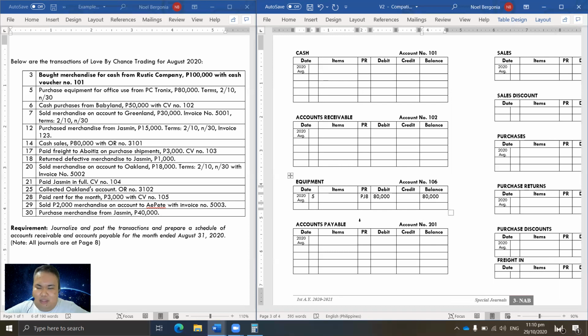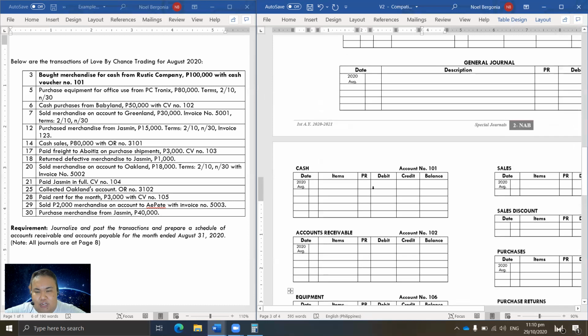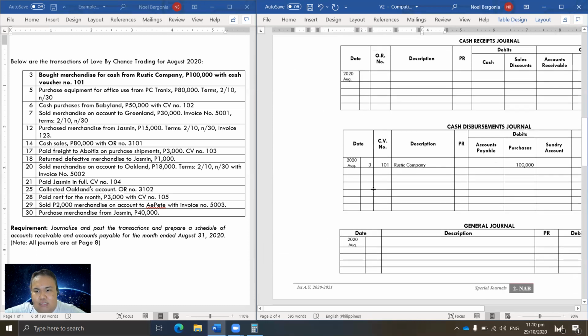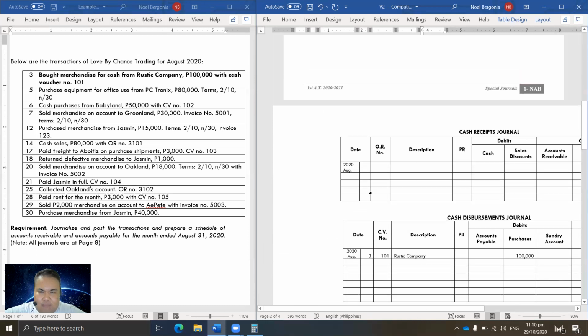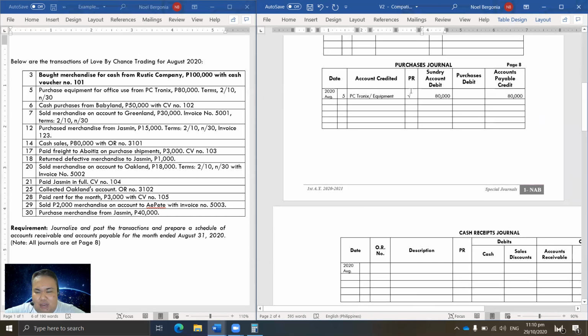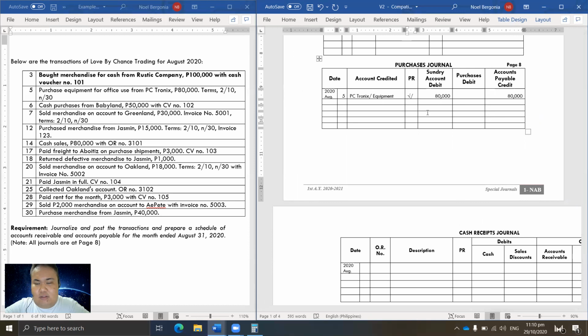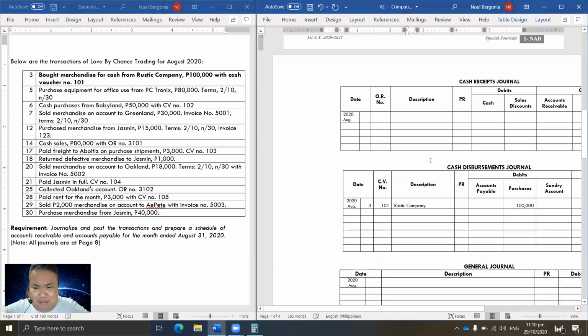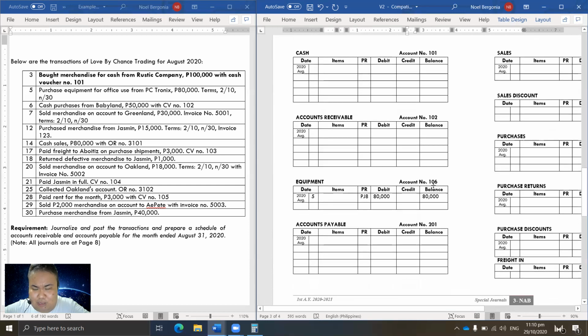Since na-post na natin siya dito sa general ledger ng equipment, then we need to go back to our special journal. Aside from the check mark, dahil pinost mo po yan sa general ledger, by the way, nalimutan natin tignan yung account number. Ano ba yung account number ng equipment? 106.